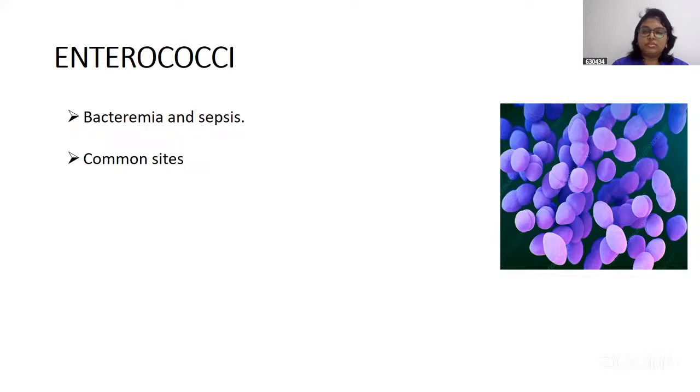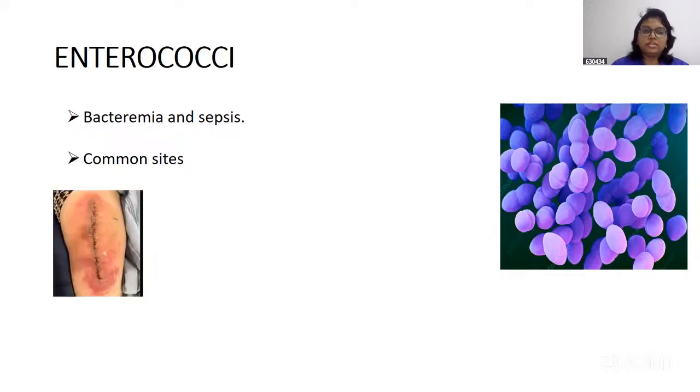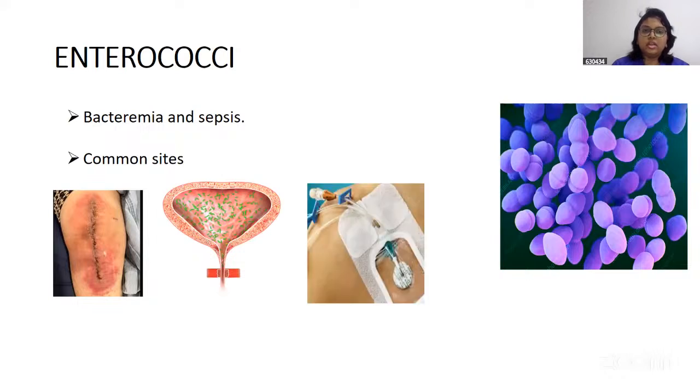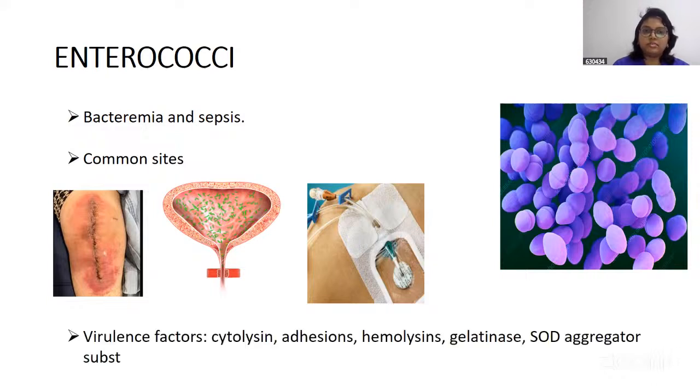Most common sites of Enterococci infection are surgical site infection, urinary tract infections, bladder and the urinary tract infections, and central line associated bloodstream infections, and also catheter related bloodstream infections. So these are the common sites for Enterococci infection, and GI infections can also be caused.